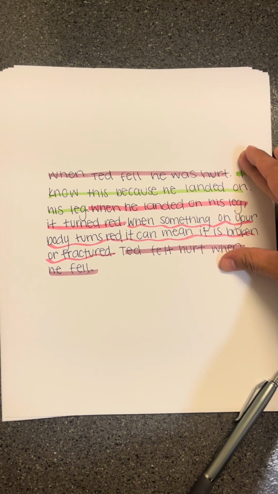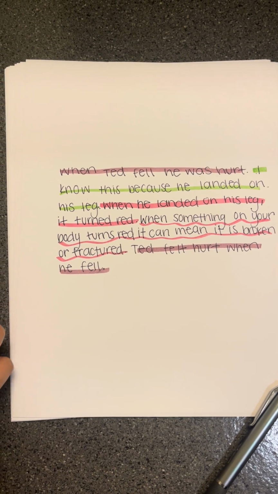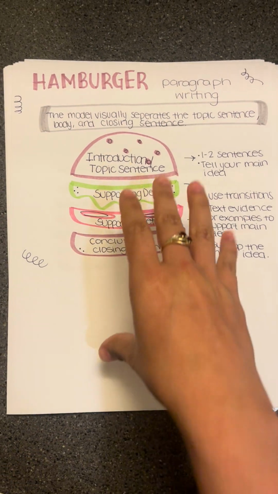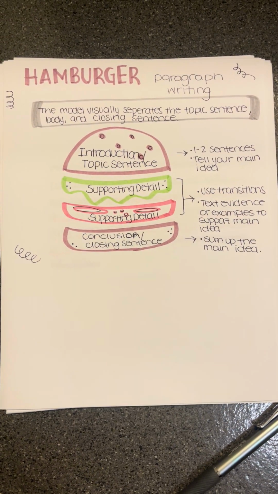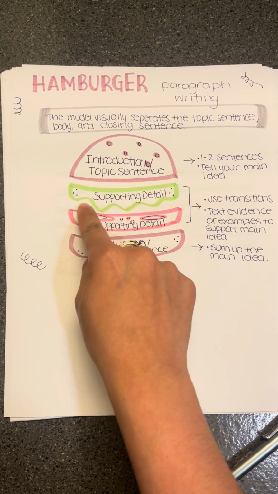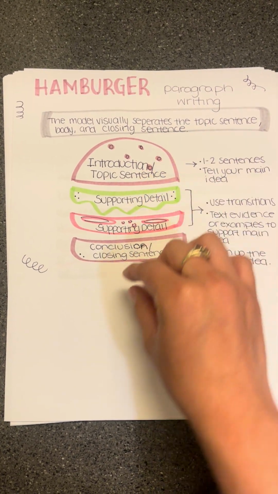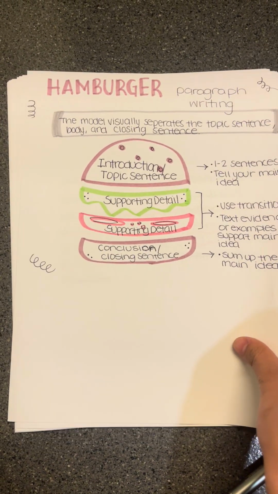All right, so this is how you would do a paragraph using our hamburger paragraph writing strategy. It's always a good thing to go back and look at our hamburger, see where each part is, so we're able to focus on one thing at a time. And it's always good to use this when doing our paragraphs.